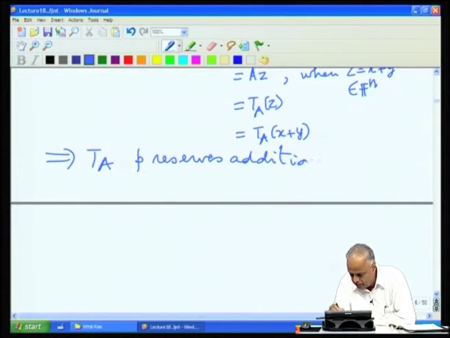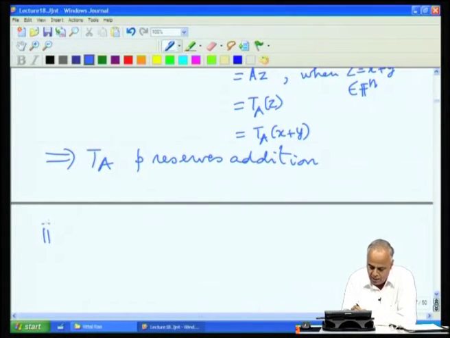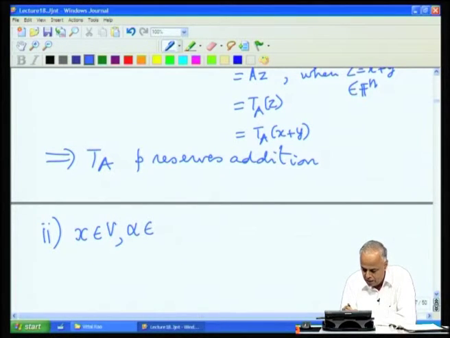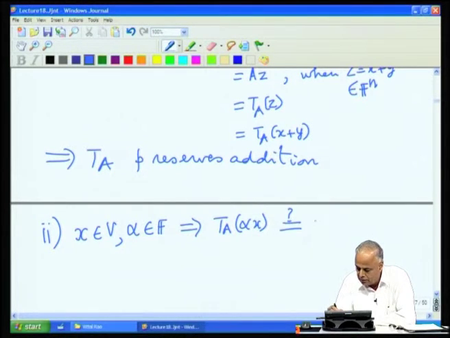The next thing that we have to check is whether TA preserves scalar multiplication. So, we take a vector x in V, we take a scalar alpha, and then we look at TA of alpha x and ask whether it is equal to alpha TA of x.